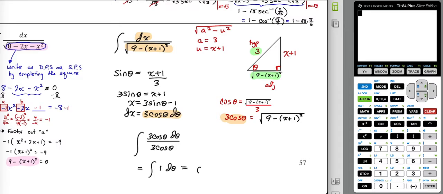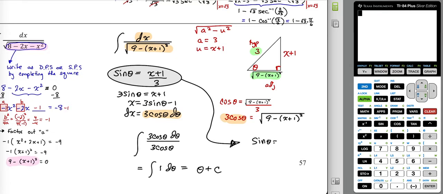Antiderivative is theta plus c. All right, so then it really is just a matter of saying, okay, well, let me get a nice convenient ratio from the triangle. I'm going to take this one. I'm going to take the inverse sine of both sides, so I'll have the sine of theta is equal to x plus 1 over 3.